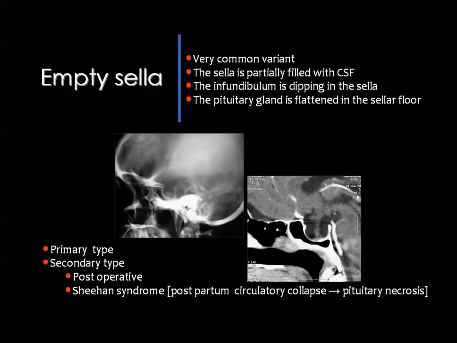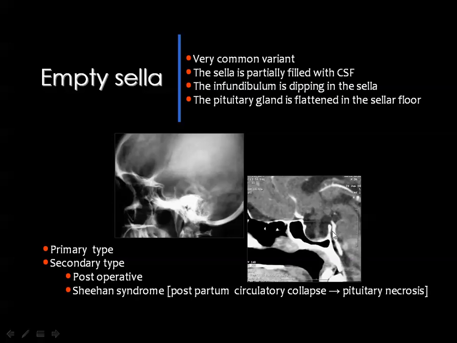The secondary type is usually the sequelae of excision of the pituitary gland, or a tumor involving the pituitary gland, resulting in more CSF in the pituitary fossa. But in the primary type, the pituitary gland is there, but it is flattened against the sellar floor, and most of the pituitary fossa is filled with CSF.